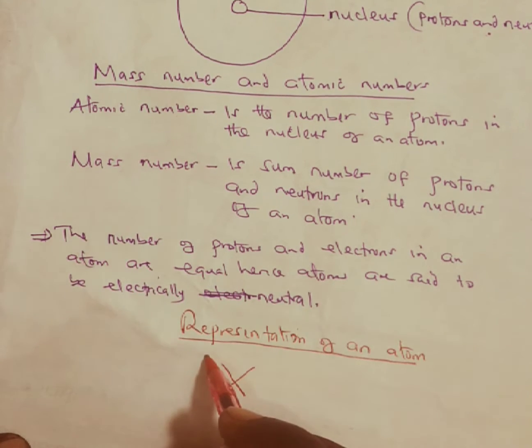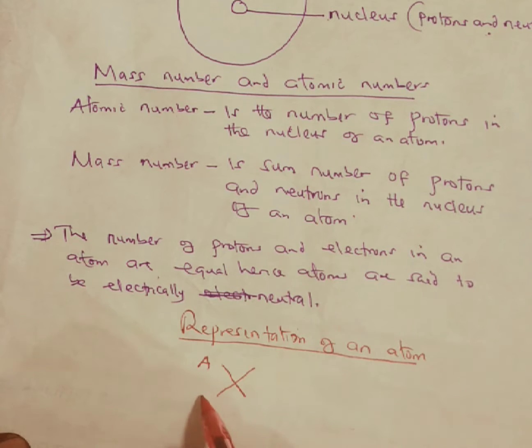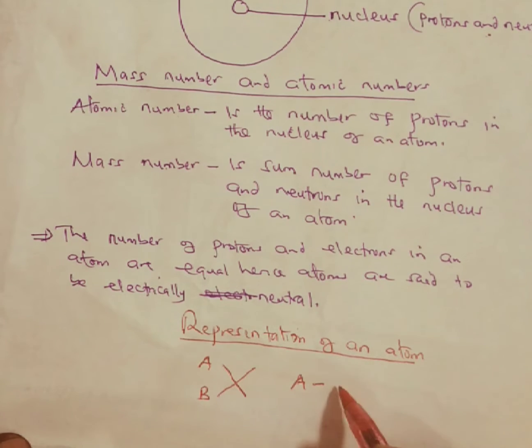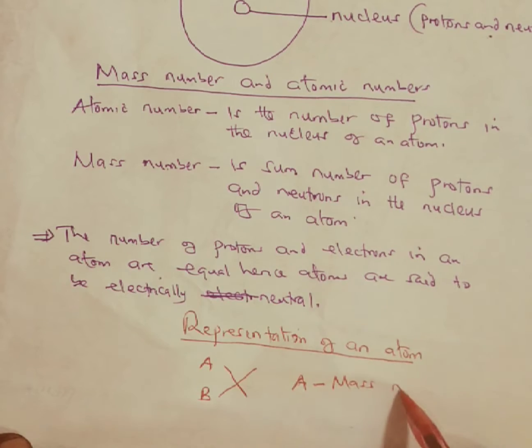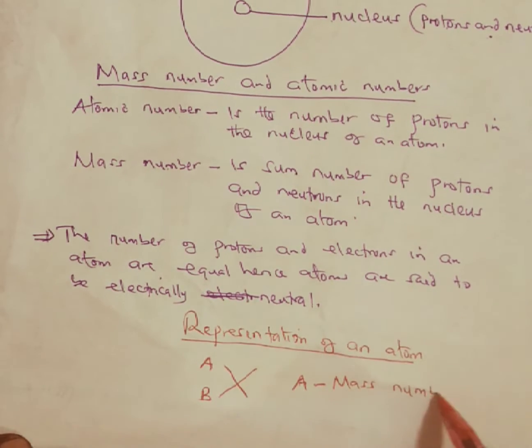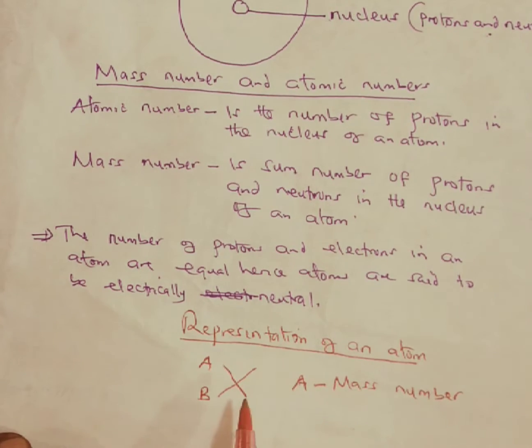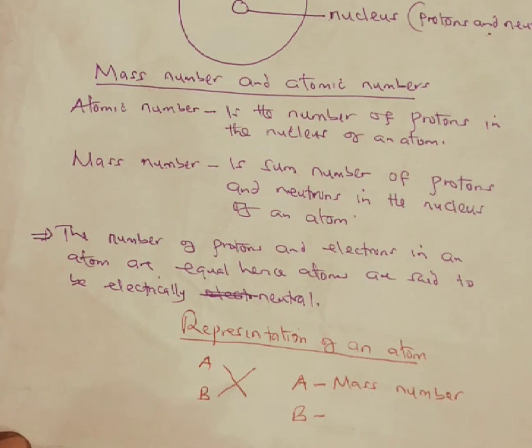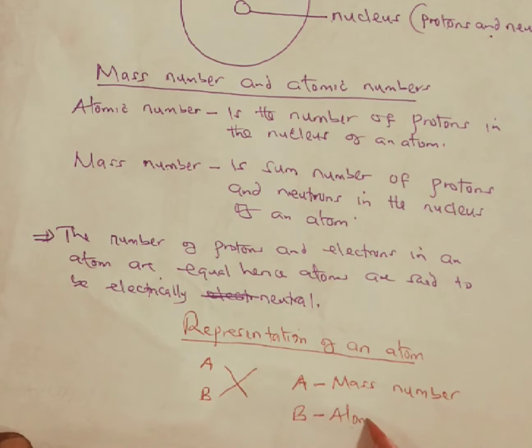Assuming we have A and B, this A here represents the mass number of this element X, and B represents the atomic number of the same element X.